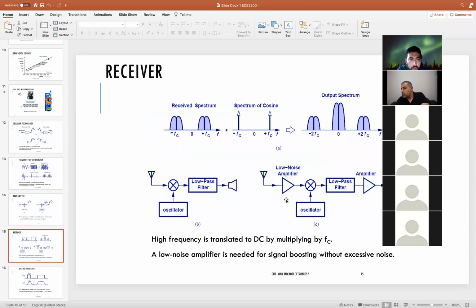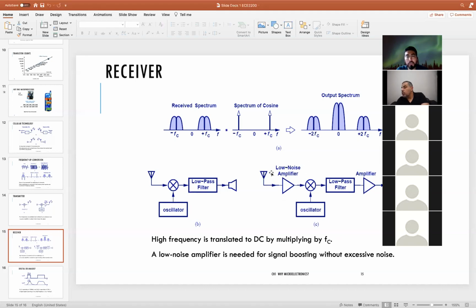By the time the signal gets to whoever's listening to you, it has traveled from your cell phone to some cell phone tower and been transmitted back to their cell phone. So although you sent out multiple hundreds of milliwatts, it's maybe in the microwatts coming back. So you need something to amplify that signal so it becomes usable.